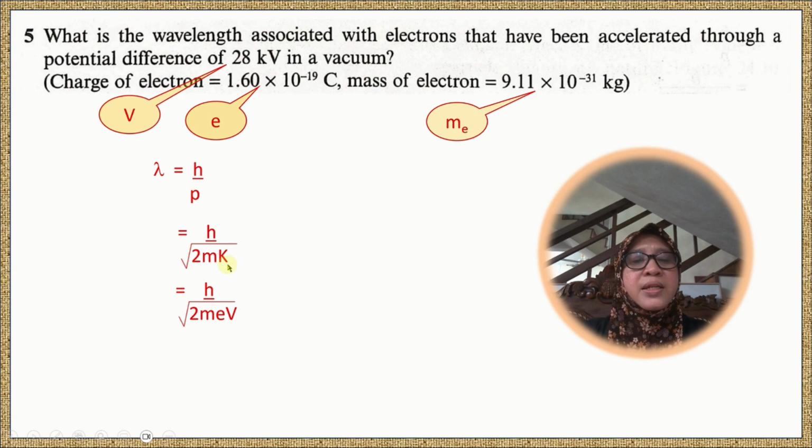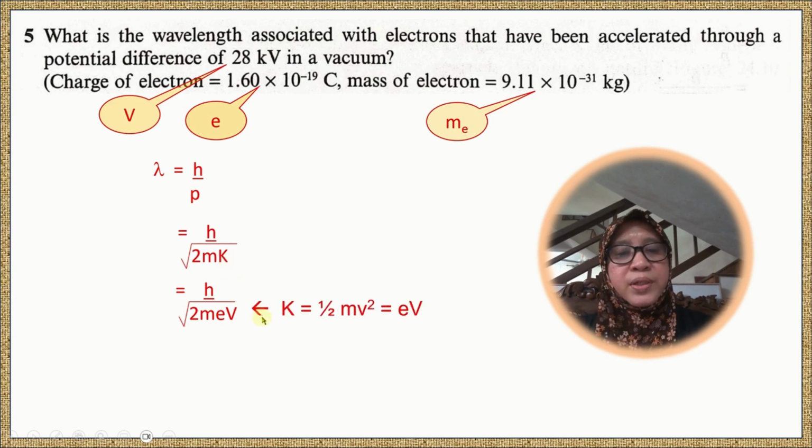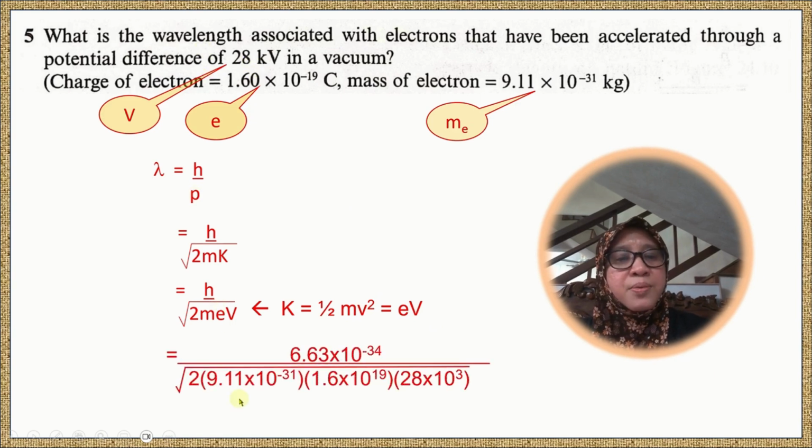So the kinetic energy in joule we convert to electron volt, because from the principle of conservation of energy, the change in kinetic energy, half mv squared, equals eV. Now we substitute everything into the equation.